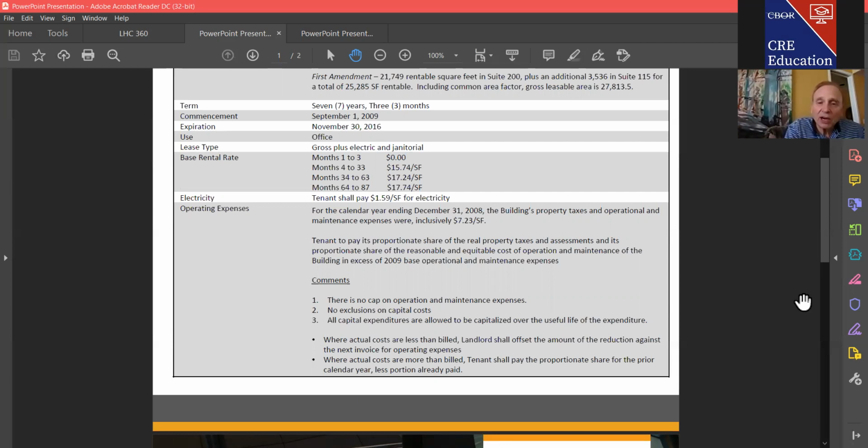But there might be other items in that expended for expenses that you want to put some control on at that point. Management fee. And I mentioned, they didn't put in that all capital expenditures are allowed to be capitalized over the useful life of the expenditure. Okay. So they didn't do that.